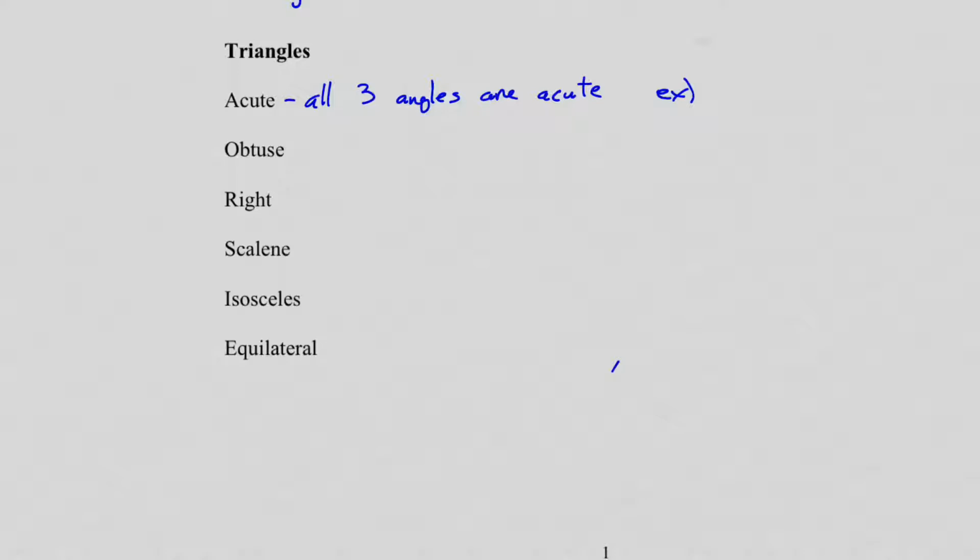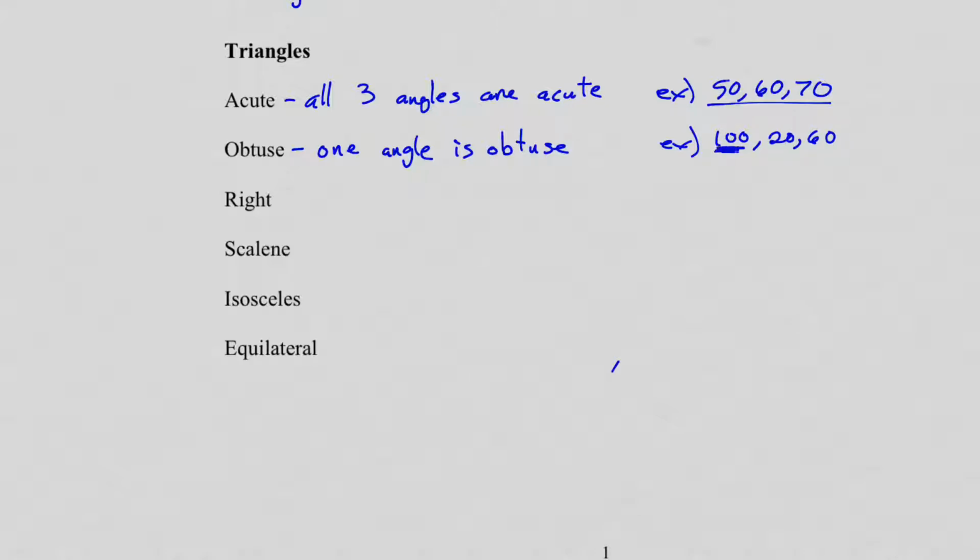So an example would be 50, 60, and 70. Next we have obtuse. This means that one angle is obtuse, which is greater than 90 but less than 180. An example would be 100, that's obtuse, and then 20 and 60, those are acute, but at least one is obtuse.